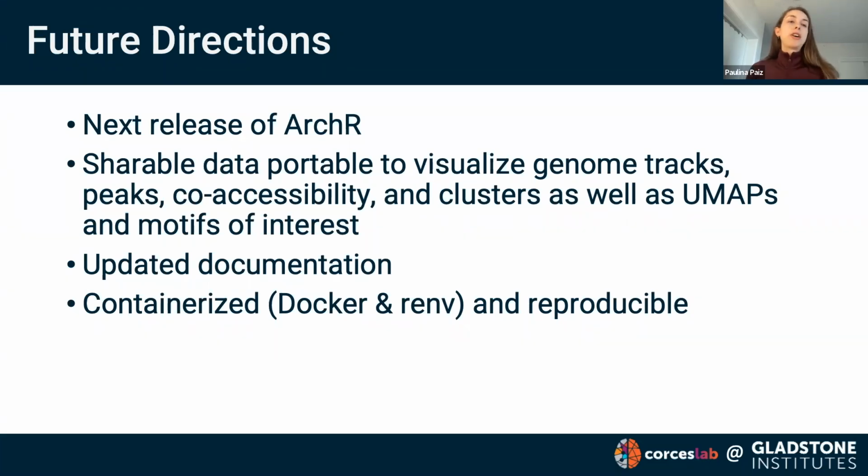We will also have updated documentation, and it will be containerized using two tools called Docker and Renv, which is a dependency package manager in R, which will make ArchR workflows reproducible. I won't talk about that today because of time constraints, but I'm happy to discuss how we did this offline.